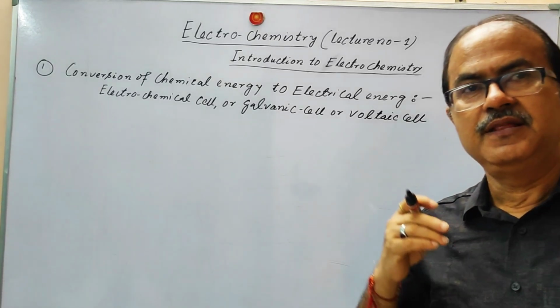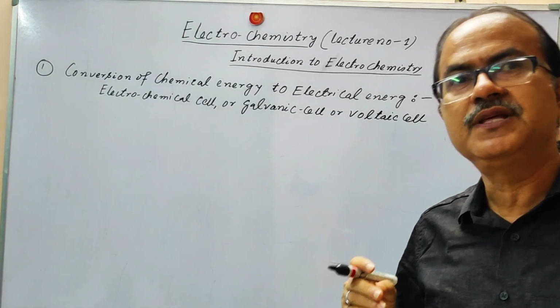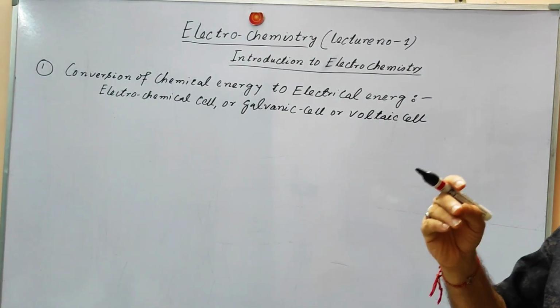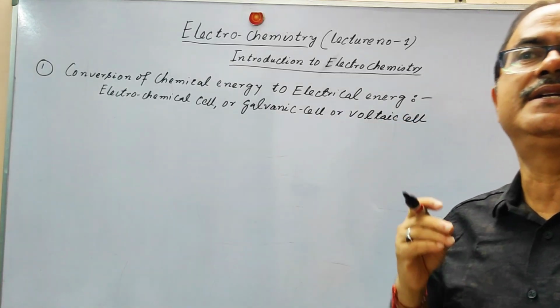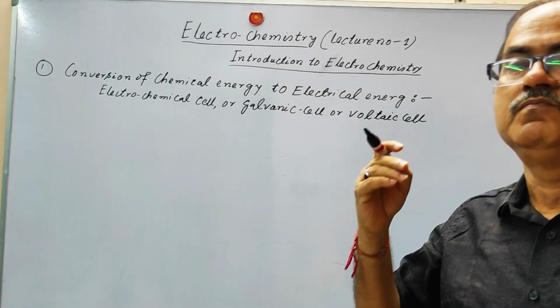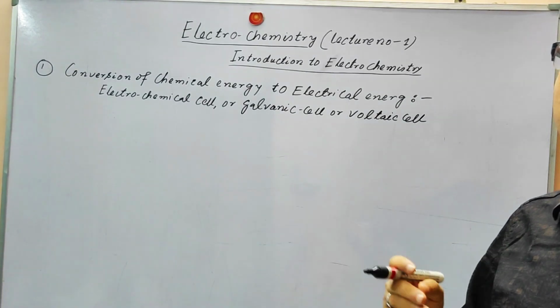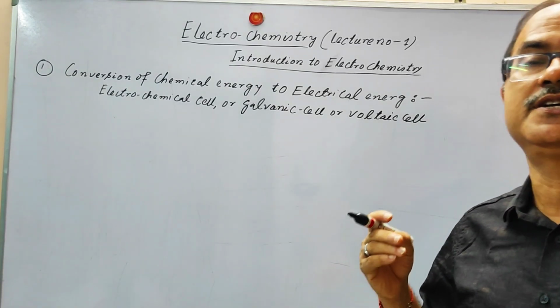The second aspect of electrochemistry that we are going to deal with is how we can utilize electrical energy to bring about a redox reaction, which is otherwise a non-spontaneous reaction.